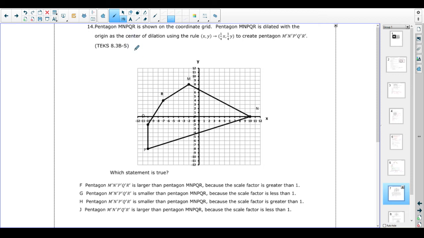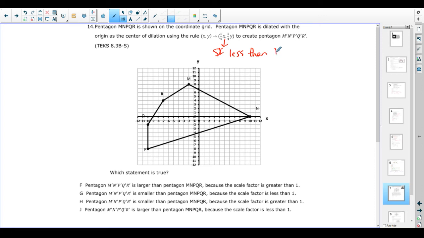Alright, 14, pentagon, all that, shown on the grid. It's dilated, with the origin as the center, using the rule (x, y) goes to (1/4 x, 1/4 y). Which statement is true? We don't even have to plot this. All I need to know is what's going to be true. And if I see 1/4, which means scale factor is less than 1, 1/4 is less than 1, this has to be a reduction. Okay?